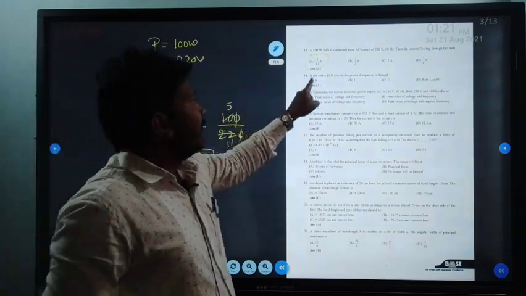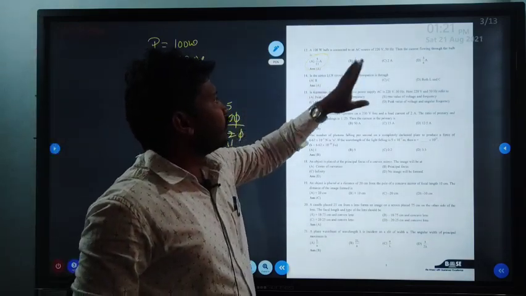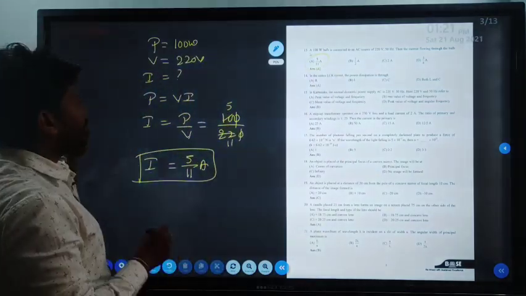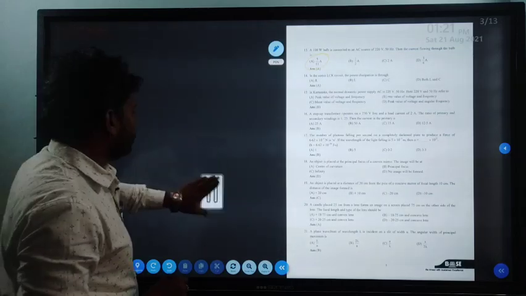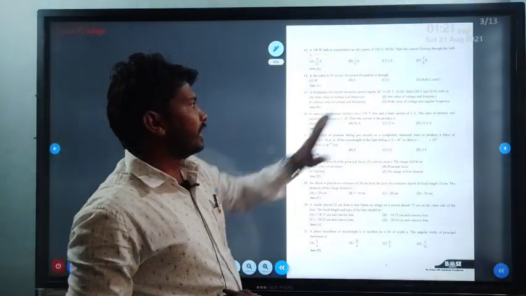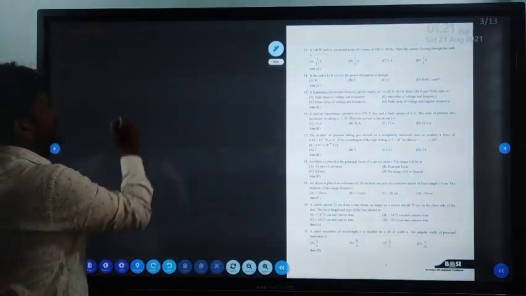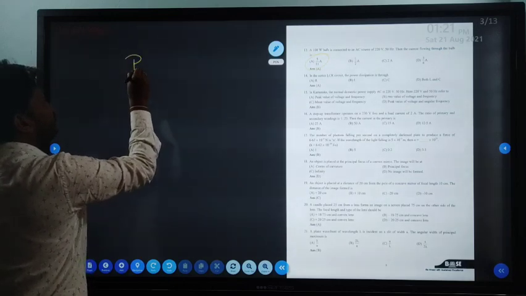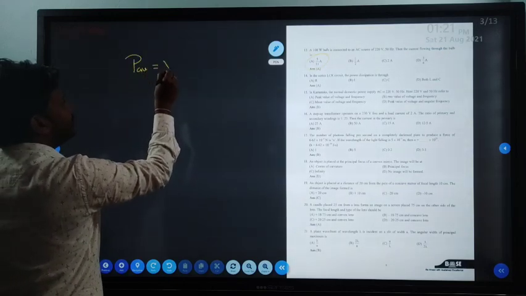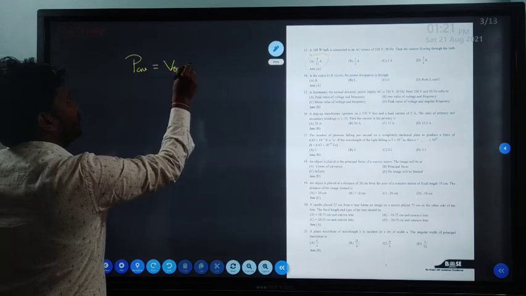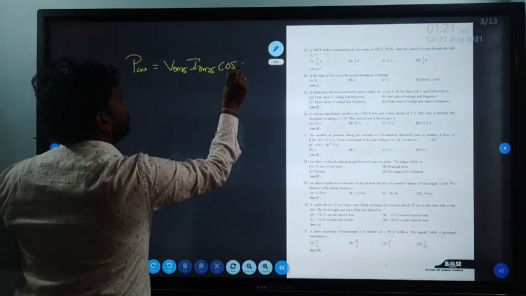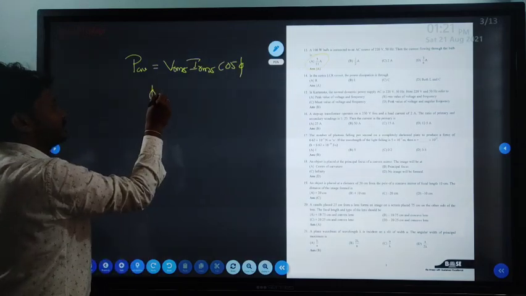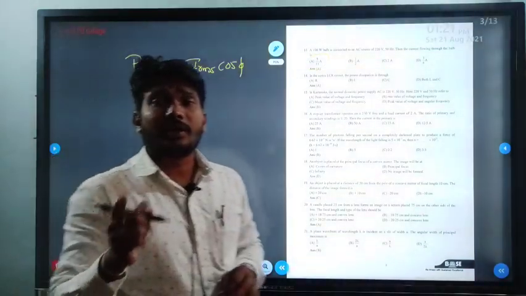Then in the series LCR circuit, power dissipation through, so look at here, in series LCR circuit, where the power dissipation occurs: at R, at L, at C, or both L and C. So what is that? Average power dissipation, P average, which is equal to V RMS into I RMS into cos of phi, where phi represents that phase difference between current and voltage.